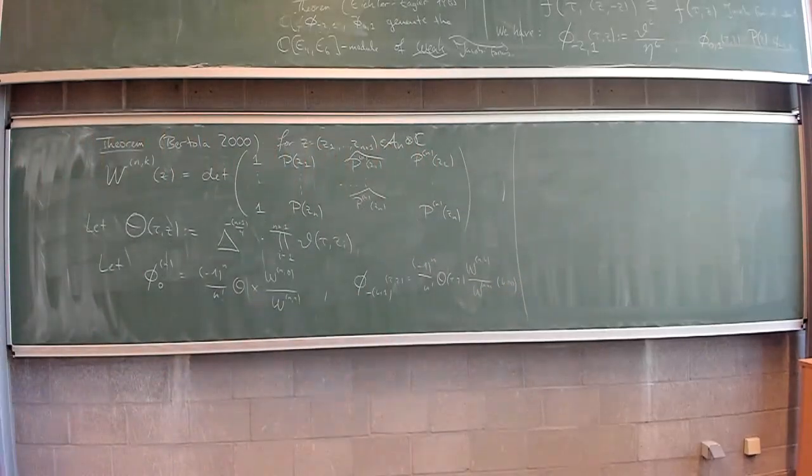And the theorem is that these generate the module of weak Jacobi forms of index A_n for any n.